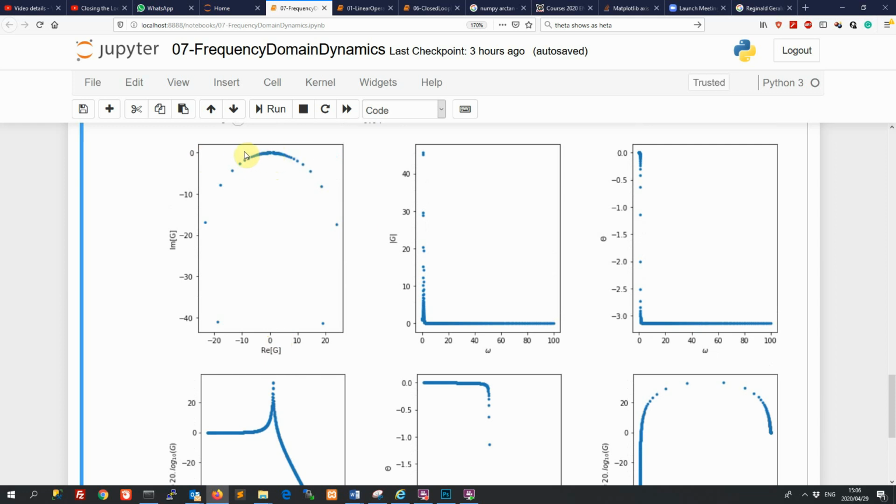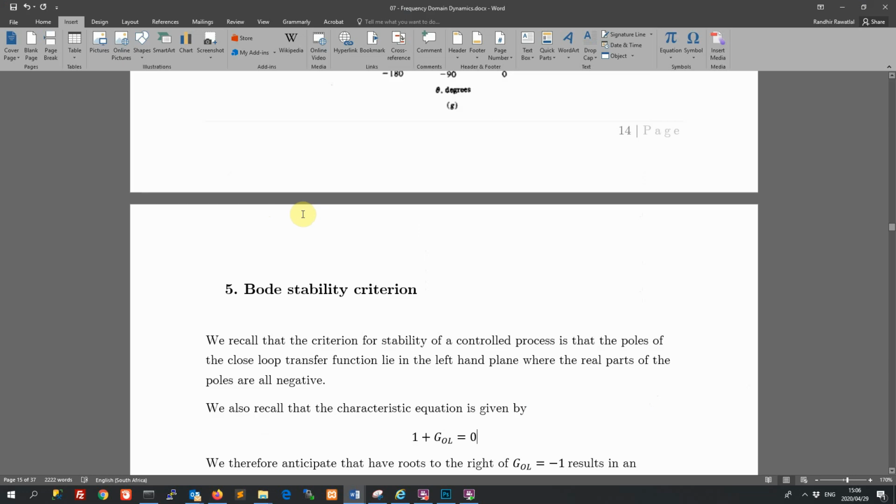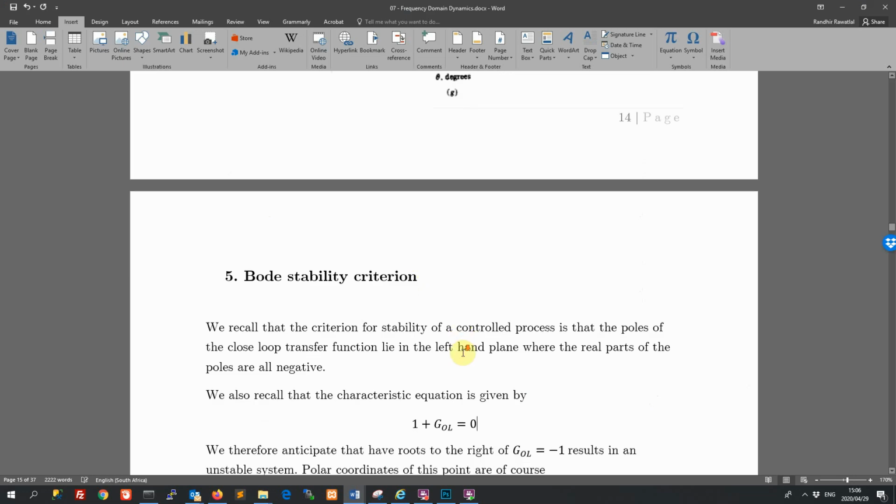We want to know how close we are going to this -1, 0 point, because that's where our poles reside, and that's where we might get caught out with a positive real part. So we want to know how far our system is staying away from that point.